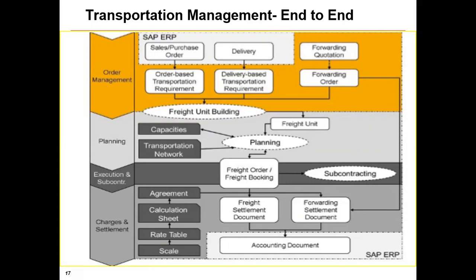Then you have to see the corresponding data from the freight orders in the planning box, the elliptical box. Okay, so any question on this bidirectional process between planning and freight order?